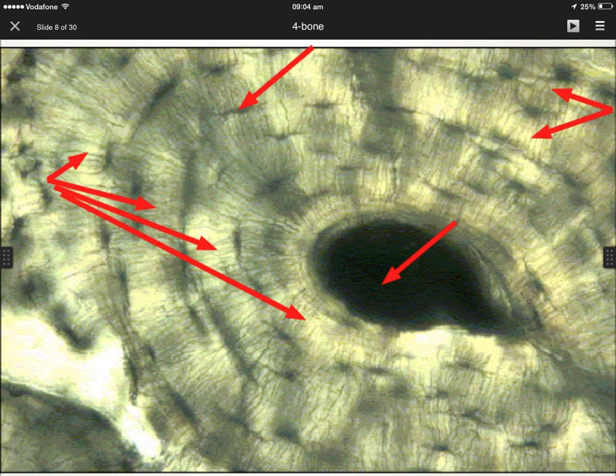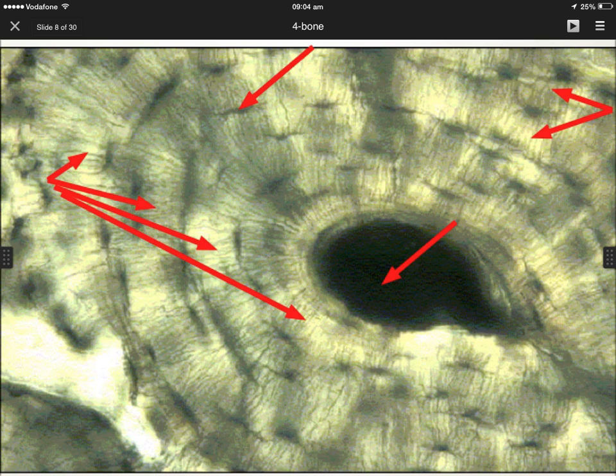I can see canaliculi here and there, and at the same time these are concentric lamellae, so they are concentric bone lamellae showing canaliculi. But this arrow here is denoting the lacuna, and these two arrows here are denoting the canaliculi radiating from the lacuna.